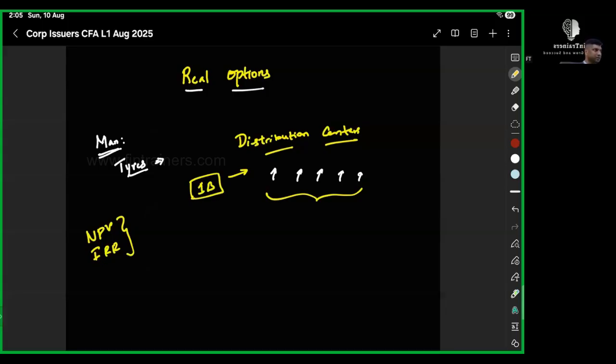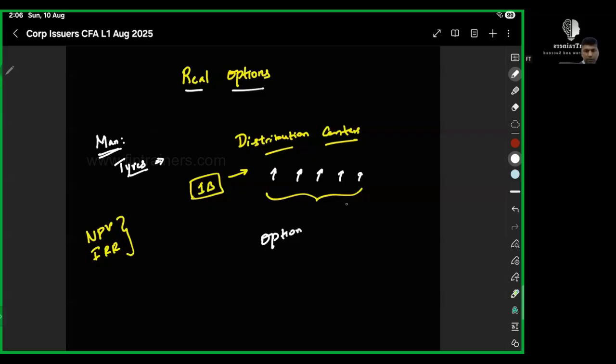Now that you have done this investment, let's say you have 1,000 stores selling tires. Can you also add a bay to do a quick wheel change, tire change, oil change, lube change, all of that? Yes. Now you have an additional source of revenue that you can consider. Obviously, it will require some more investment, because you need to build a way for the cars to come in and do that work. But now you have an option.